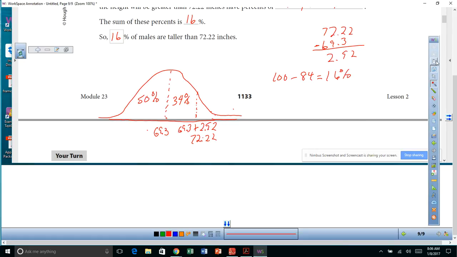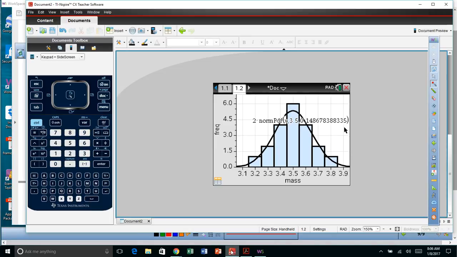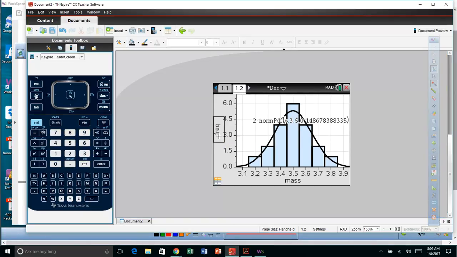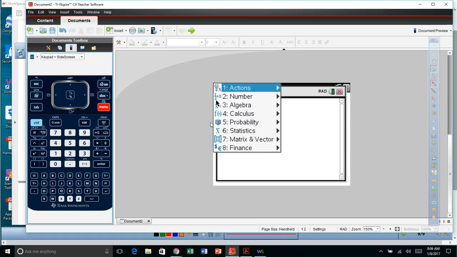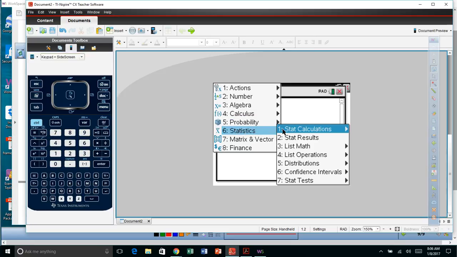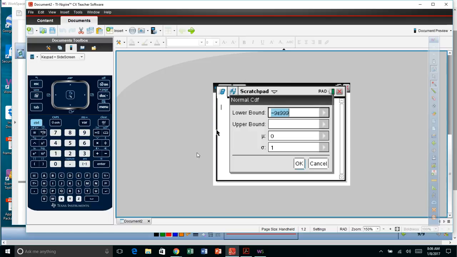Okay, nice and easy. I also want to show you how to do it in the calculator. Let's go here to our calculator. Menu 6, 5, 2. And then the lower bound would be negative infinity, negative 9 double E 99.